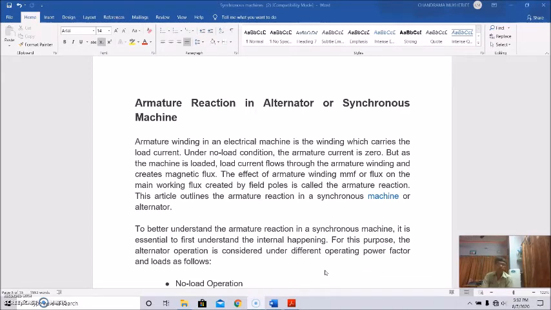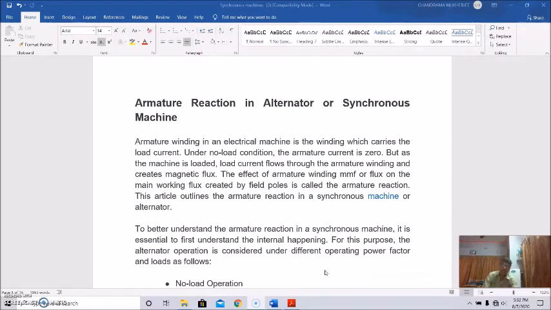The effect of this armature winding MMF or flux on the main working flux created by the field poles is called the armature reaction. So armature reaction means that when armature current is flowing in the armature conductors, armature flux is generated, and this armature flux interacts with the main flux created by the field winding, that is the field flux.